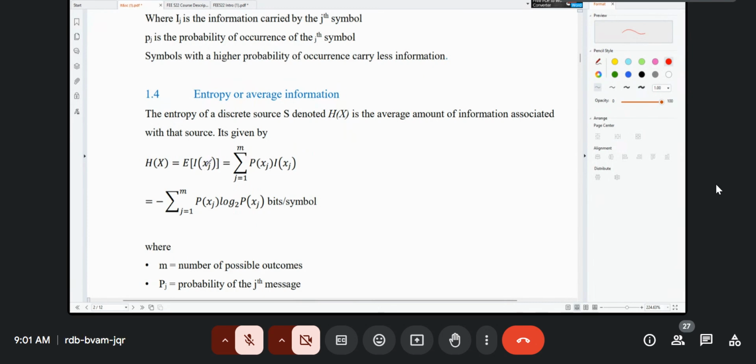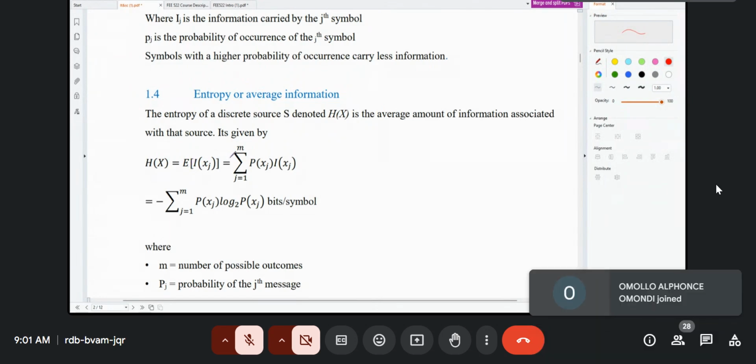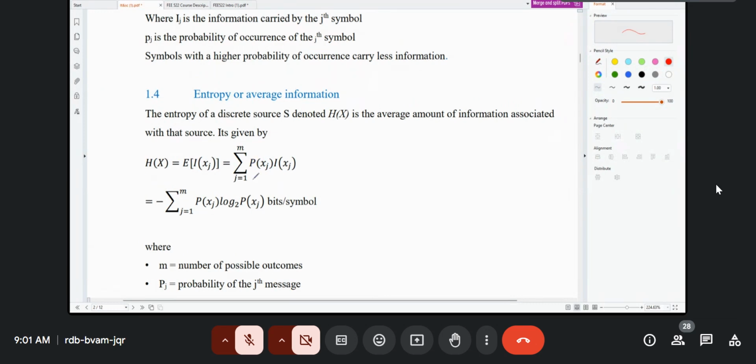By definition, the expectation is the probability, because that gives us a distribution, times I of xj. So that is a summation of p of xj times I of xj.